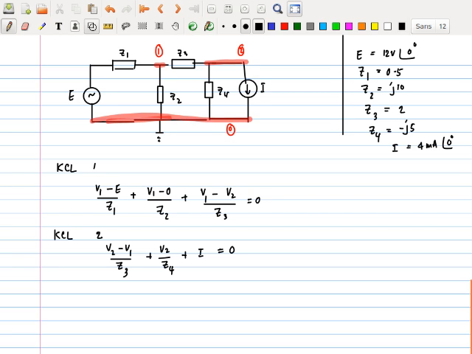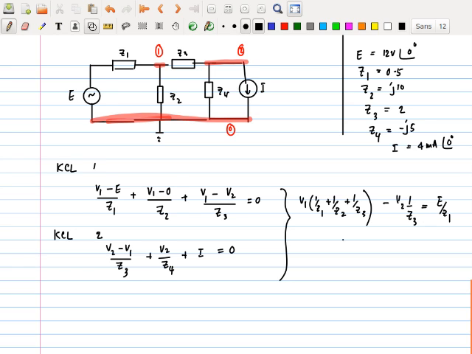Now you have an equation in terms of V1, V2. Rearrange this as V1 times (1 over Z1 plus 1 over Z2 plus 1 over Z3), minus V2 times 1 over Z3, equals E over Z1.